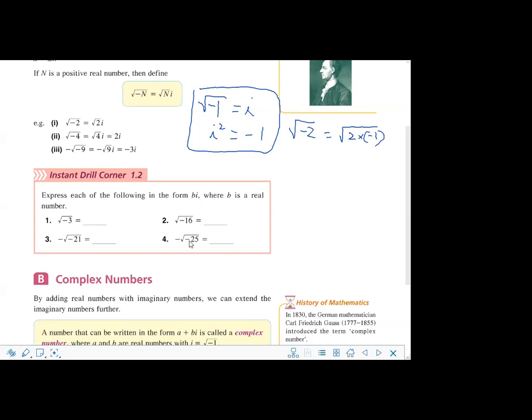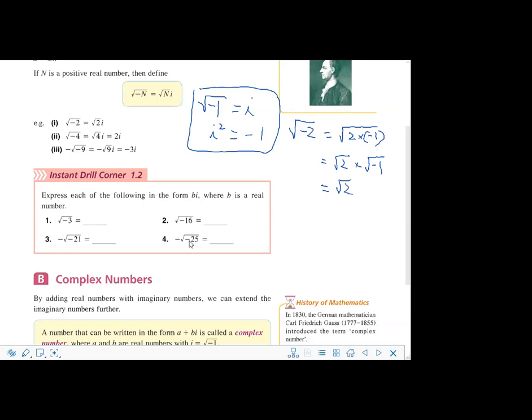-2 can be written as 2 times -1. Then we split the square root into 2 parts: square root 2 times square root -1. Then for the square root of the positive number, try to simplify it.